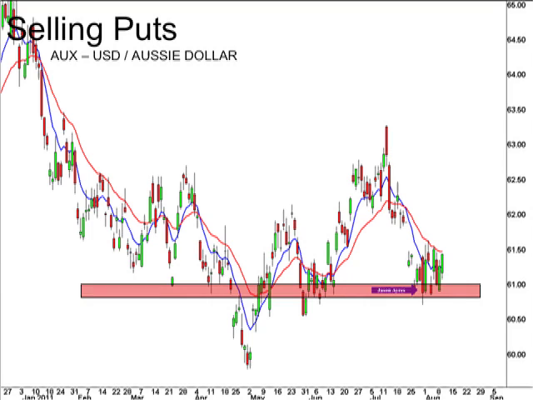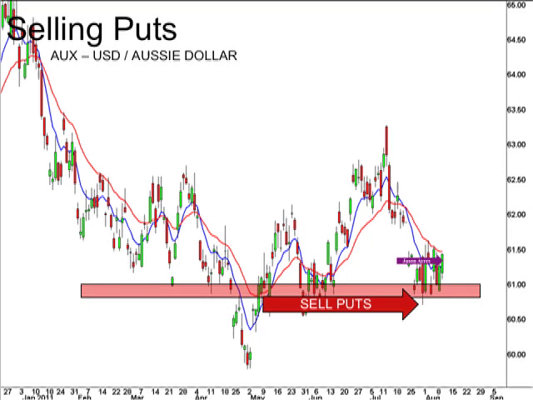You can see that it's been tested here, and here. It broke through for a little bit, but ultimately it held after a couple of weeks, here, and here. So our consideration might be, I think the AUX is either going to go up or stay the same over the next month. So I want to sell those put options below that level with the expectation that they're going to expire worthless.